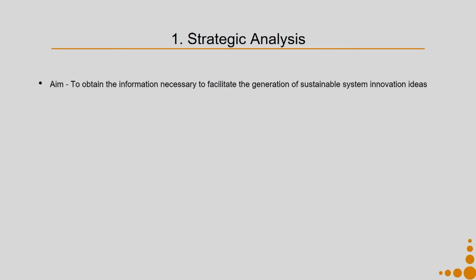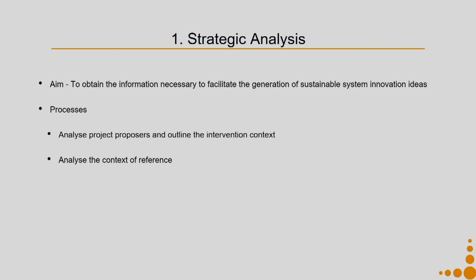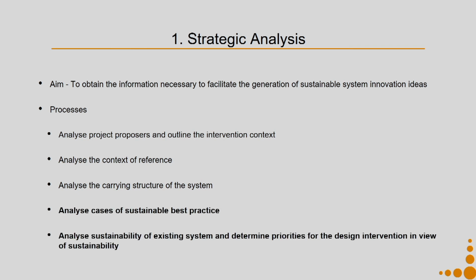The aim was to obtain information necessary to facilitate the generation of sustainable system innovation ideas. We had our process 1, which was to analyze the project proposals and outline the intervention context, then analyze the context of reference, analyze the carrying structure of the system, analyze cases of sustainable best practices, analyze sustainability of the existing system and determine priorities for the design intervention in view of sustainability.